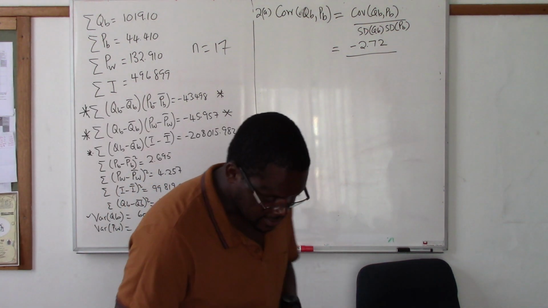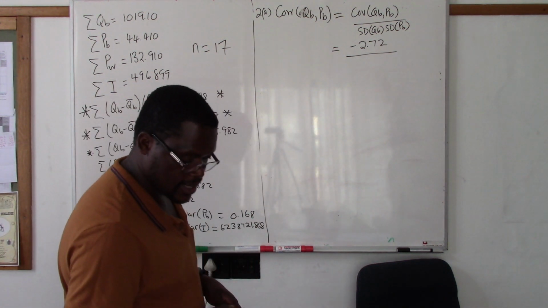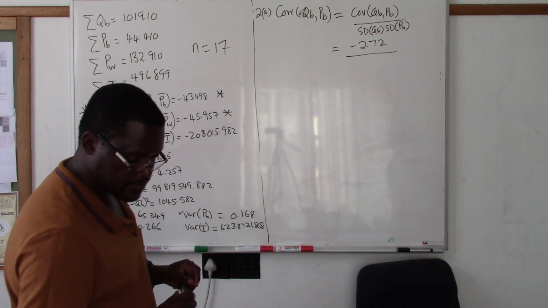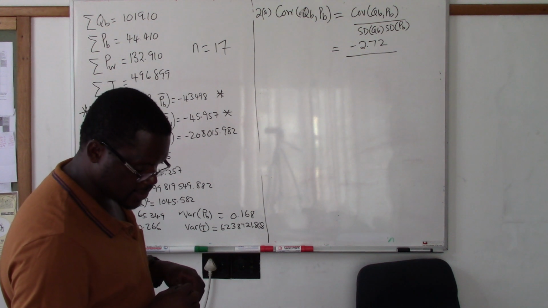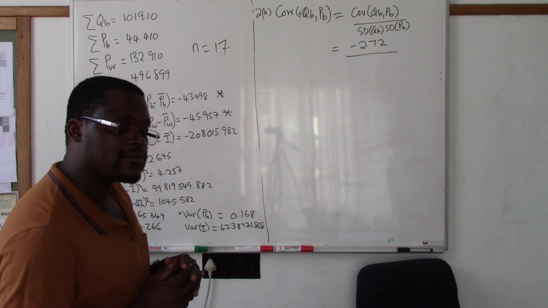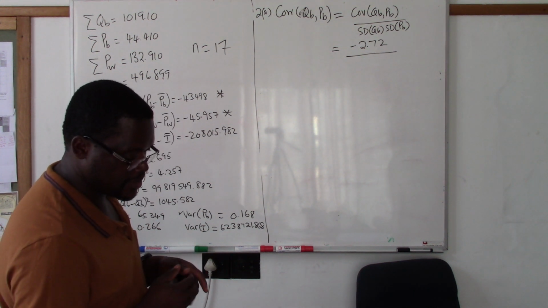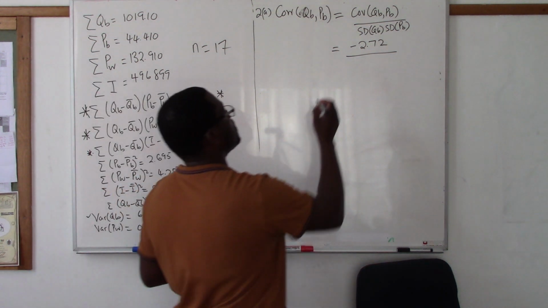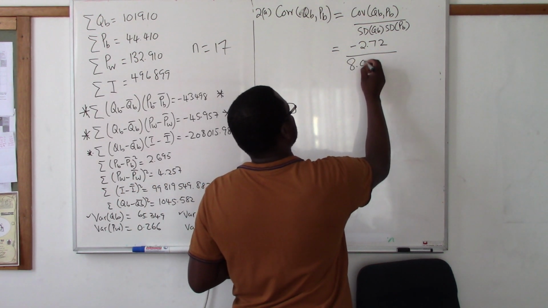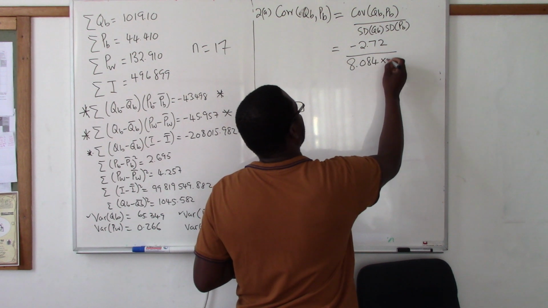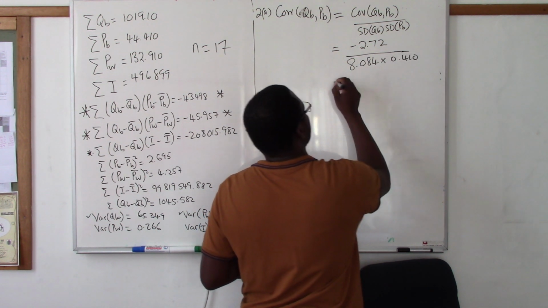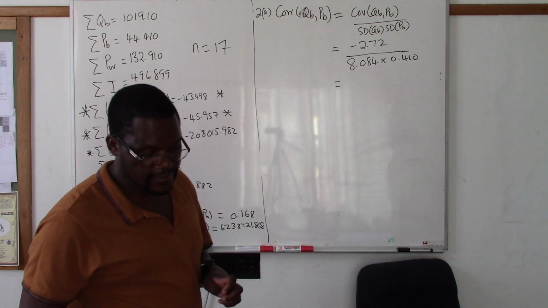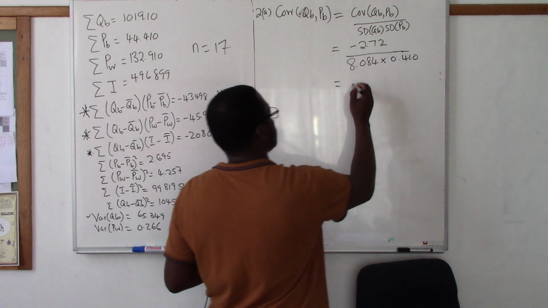The standard deviation of the price of beer is 0.410, and the standard deviation of the quantity demanded for beer is 8.084. So it's 8.084 by 0.410. This should give us a correlation coefficient of minus 0.82.